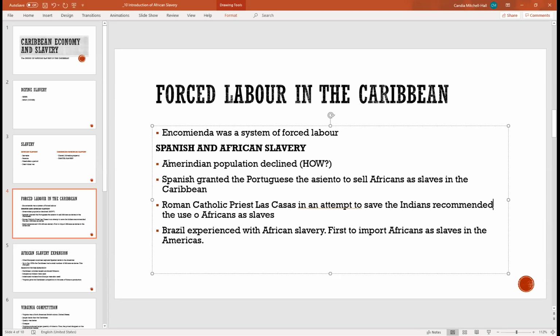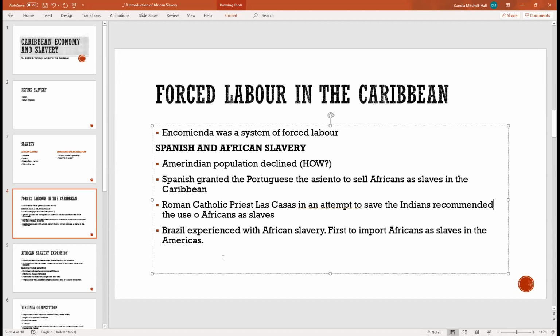Brazil was another reason why they would have used Africans. Brazil was colonized by both the Dutch and the Portuguese, first by the Portuguese, then the Dutch came and took over a section. They had some form of experience with African slavery. Brazil was the first to import Africans as slaves in the entire Americas.